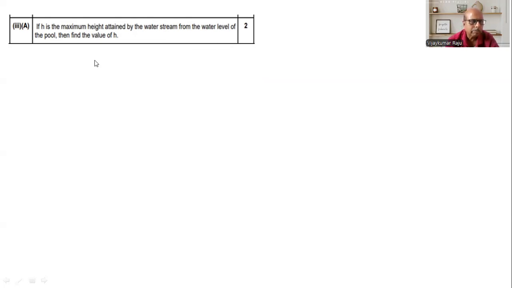Now again draw the figure. So this is a graph. Now where is the maximum height? You see here, this is the maximum height. That means it corresponds to the y coordinate.